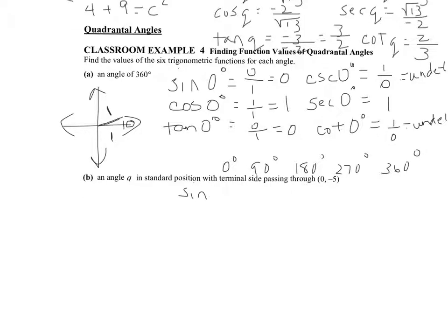And I should be able to figure out all these quadrantal angles if I know that the sine of 0 starts with a value of 0, and then all I have to do is realize that is an axis angle, because it's on the x-axis.